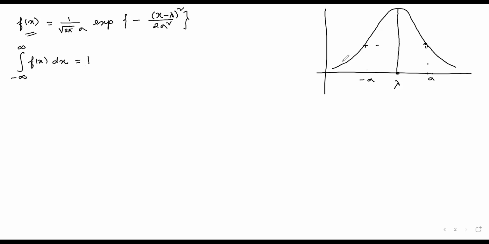So what does this graph represent? The graph represents the plot of all the measurements. Here we have x, and here we have f of x. What have we done here? We have performed a number of repeated measurements of a quantity, and the errors present in that measurement are only random errors.